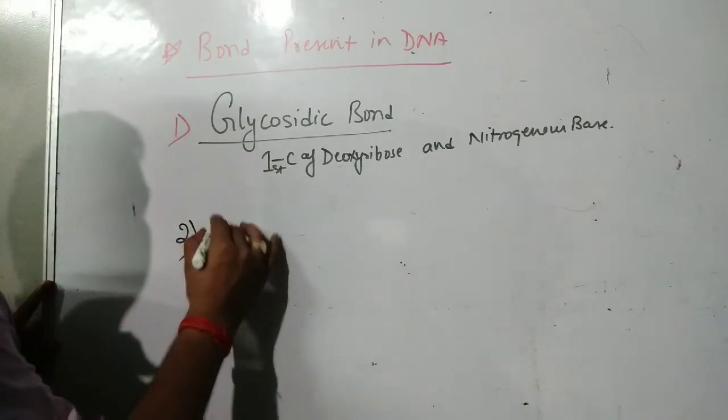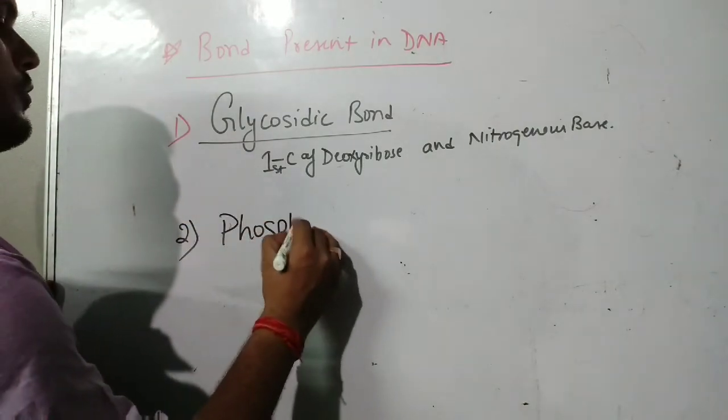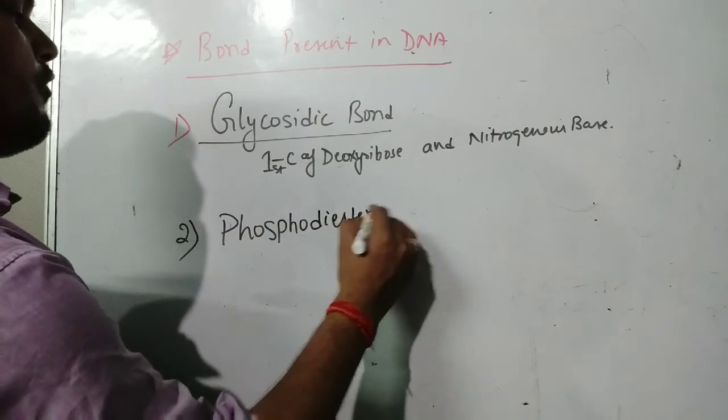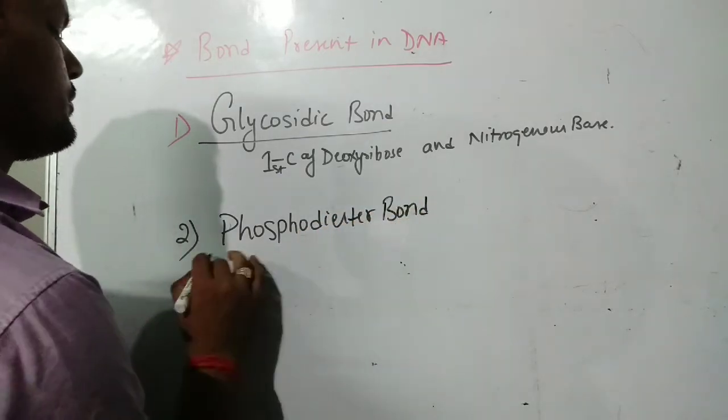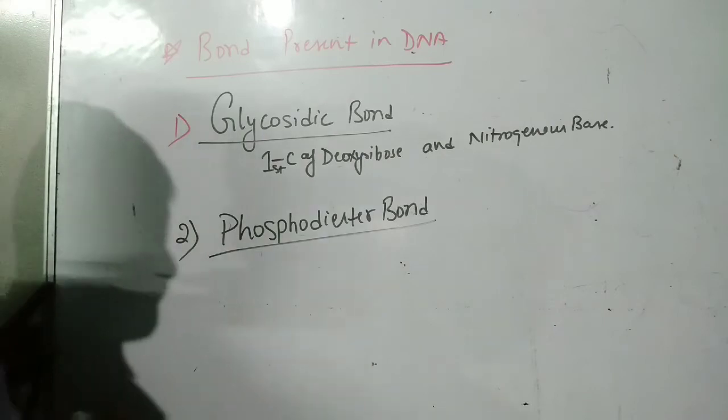Second one is phosphodiester bond. Where is it present?